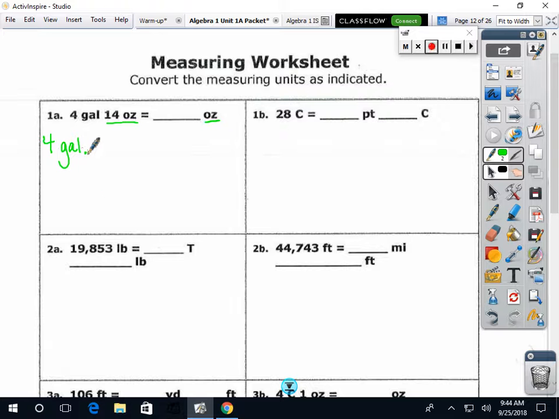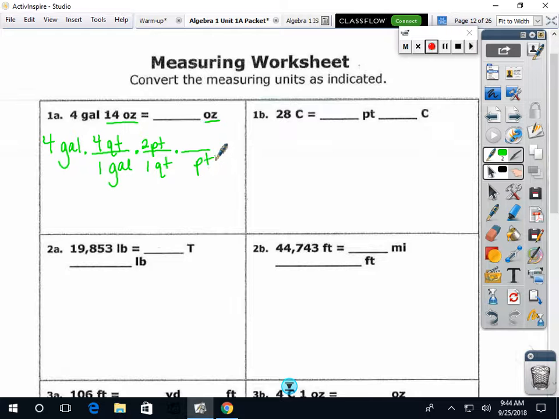Since gallons is in the top, it must go in the bottom next. And what's one thing that you know about gallons? Right. 4 quarts is 1 gallon. Okay, but we can't stop there because we're trying to get all the way to ounces. So now we put quarts in the bottom. What do we know about quarts? Right, 1 quart is 2 pints. And now we put pints in the bottom.